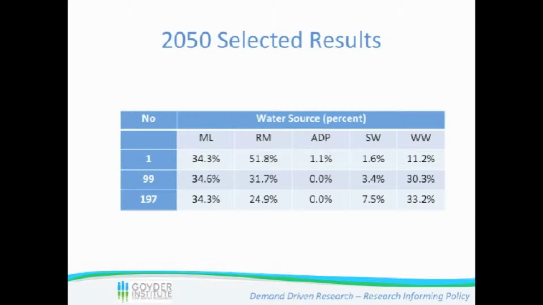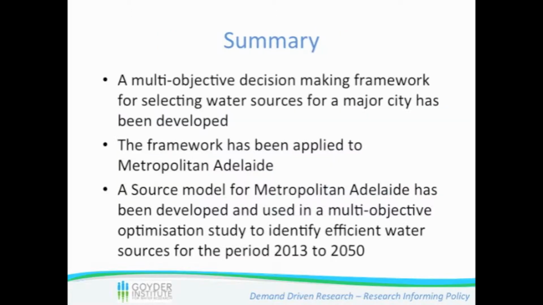You can see the Mount Lofty contribution is reduced from 50 to about 34%. River Murray about 50%, so somewhat increased. But again, if you want to reduce the discharge to the Gulf, you use less from the River Murray and implement more wastewater and more stormwater. But again, the desalination plant isn't used very much.